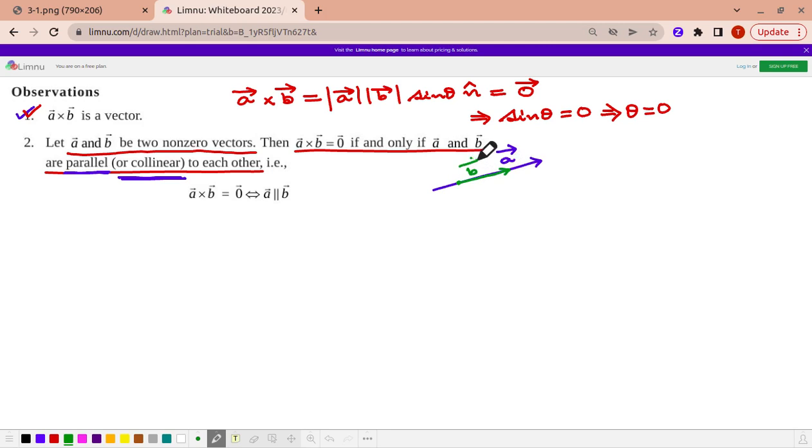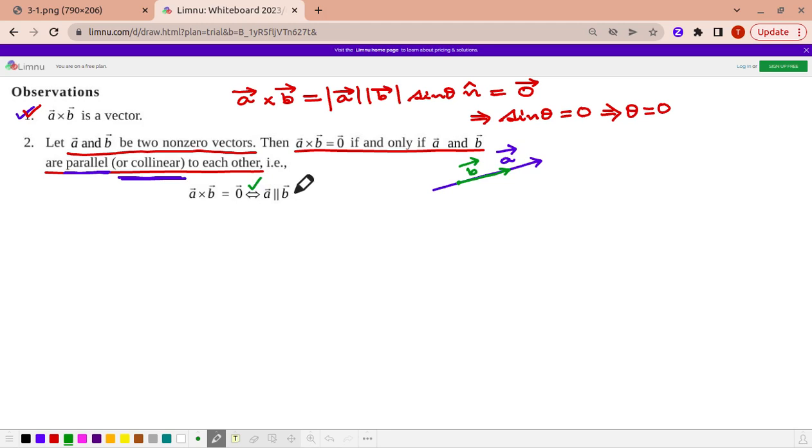So, now here also the angle between the vectors A and B is 0. So, the vectors A and B are parallel to each other. So, A cross B is equal to 0 vector, null vector, okay, implies and implied by, that is why it is a both side arrow here, that A is parallel to vector B.